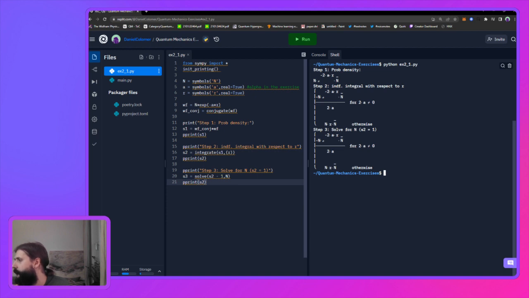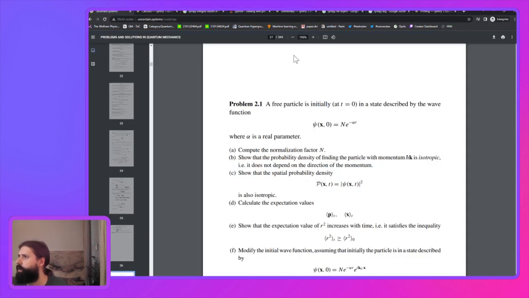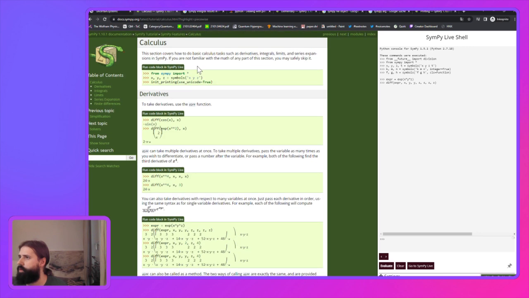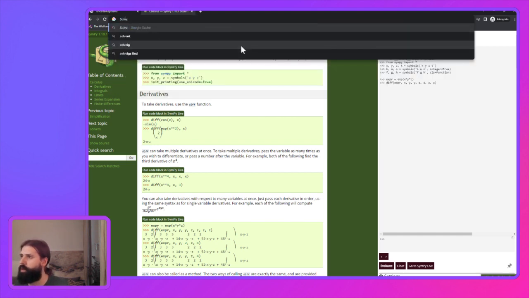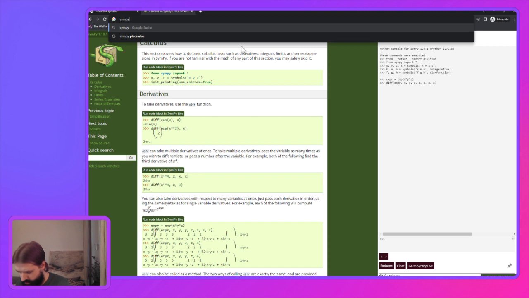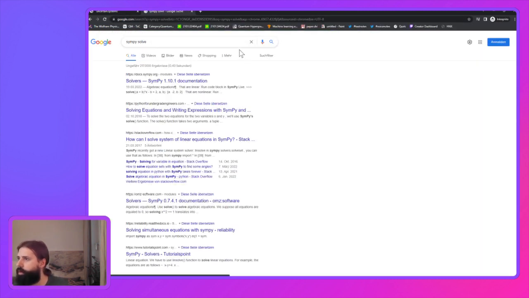But I want to solve for n. That's not solving for n. I want to solve n. So what do I have? So Sympy solve.